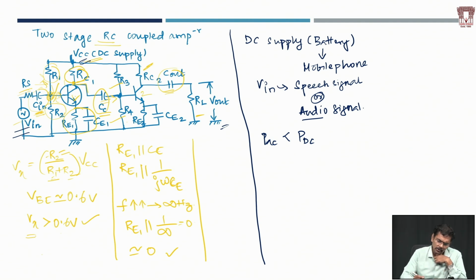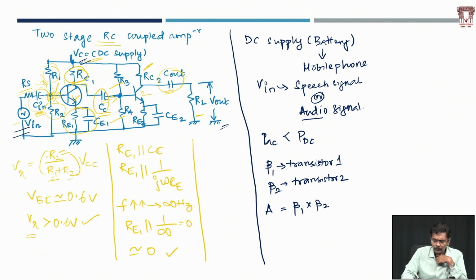Now why do we use two stages? I'll have the gain, let me say beta 1 for transistor 1, and beta 2 for transistor 2. These two are the gains. So the total gain will be beta 1 times beta 2.